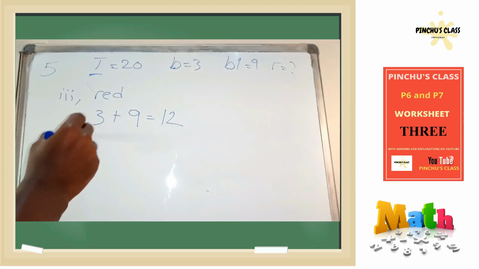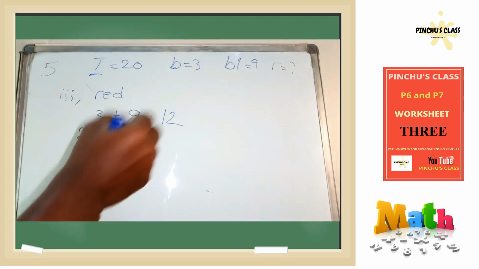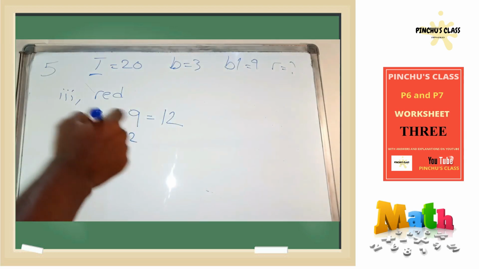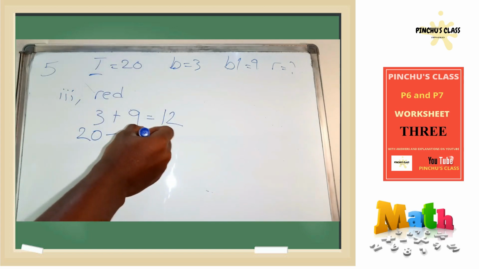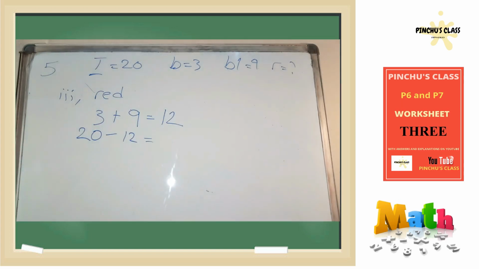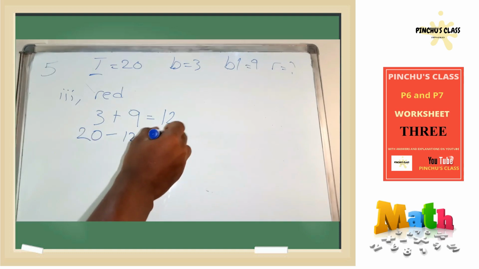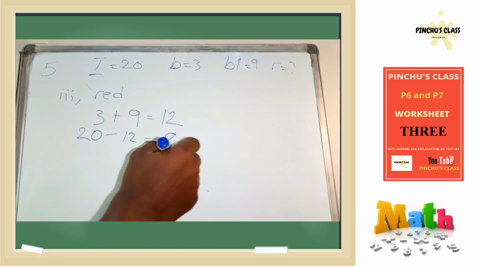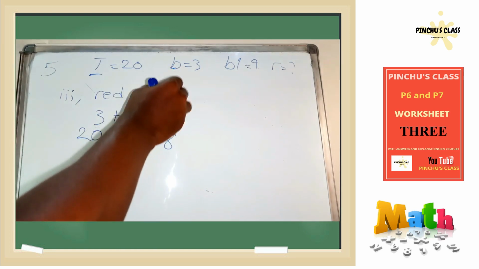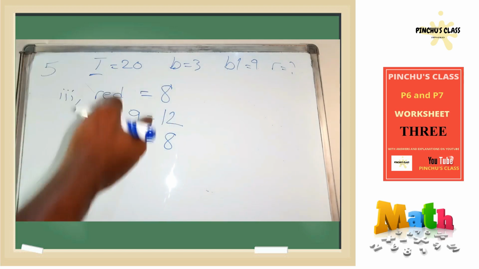Then we get the total of all the pens minus the total we have got for the blue and black, and this will give us the number of the red pens, which is 8. So that means there are 8 red pens.